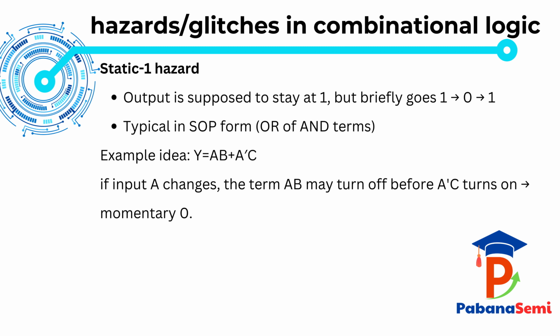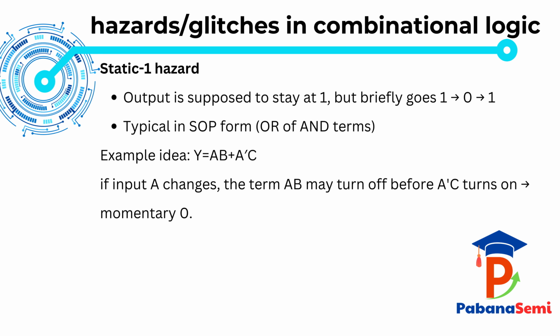Now assume the output is currently 1 and input A changes. Because signals travel through different logic paths, the two product terms don't switch at the same time. In a real circuit, it's possible that the term A prime C turns off first because A prime changes through an inverter path, and at the same time, the term AB hasn't turned on yet due to AND gate delay.